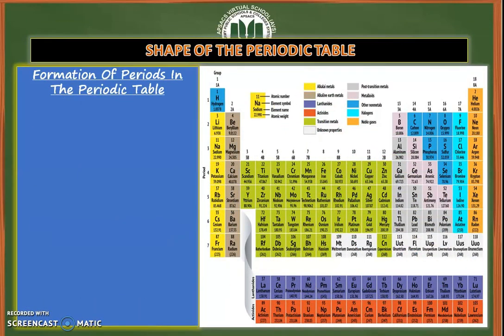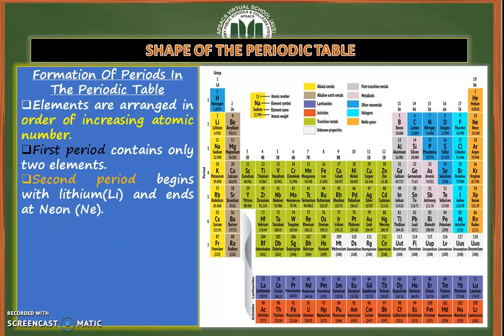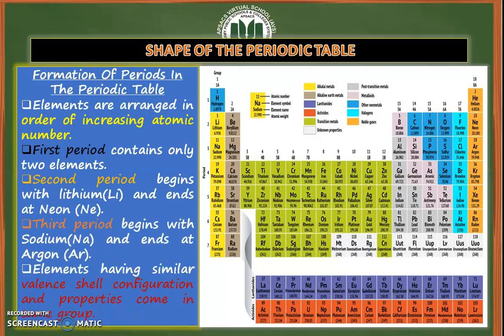Now let's move towards our second topic, that is the shape of periodic table. Recall that the horizontal rows in the periodic table are called periods. Now here is a question: how are these periods formed? As you know, the elements are arranged in order of increasing atomic number.